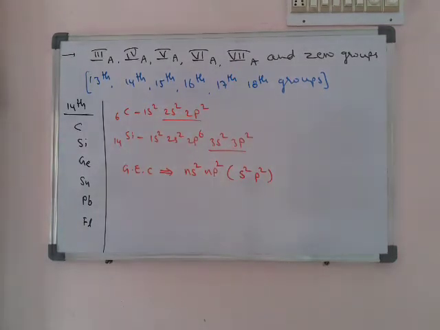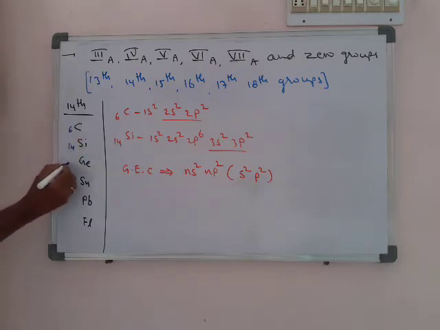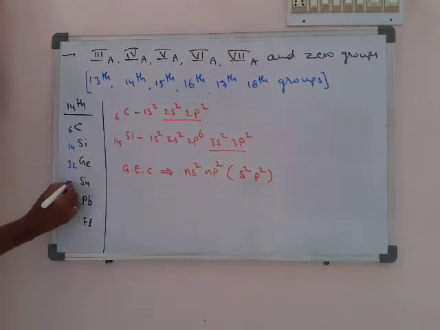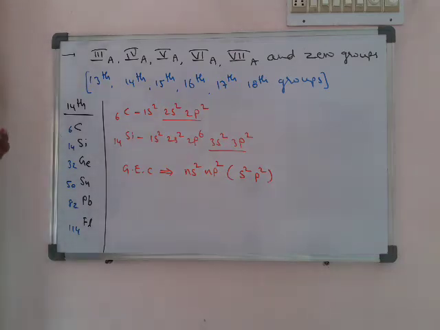Everything about the periodic table we have to remember. Carbon 6, so 14, germanium will become 32. What is the next? Just add 18, that's 50. Next it is 82. So 14 carbon, what is the last element? Simple, it's 114. Okay, this is about the 14th group elements.